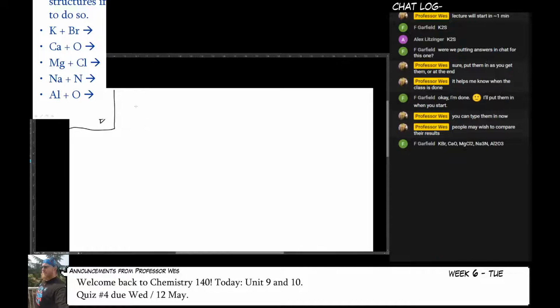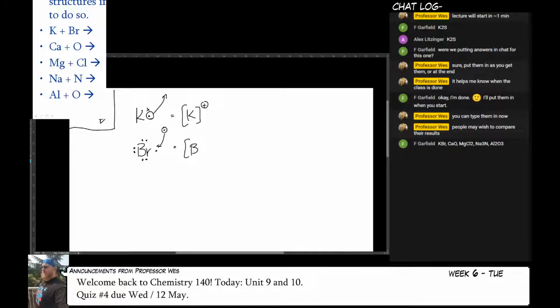All right. So, for KBr, for potassium, I need to get rid of this electron. So, we'll just send it off. And that becomes K+. For bromine, I need to give it an electron from somewhere.